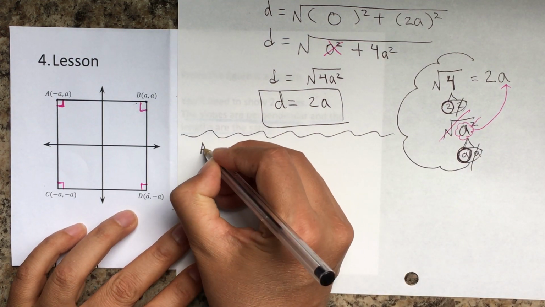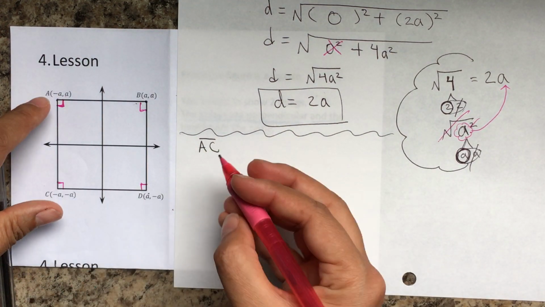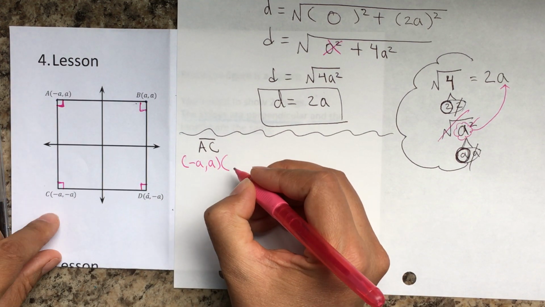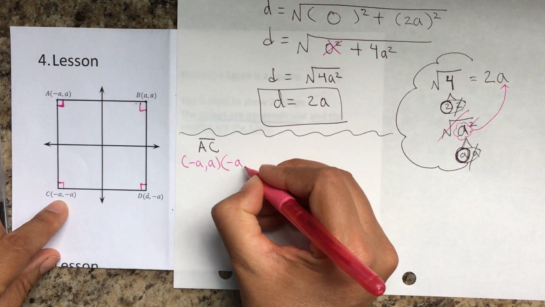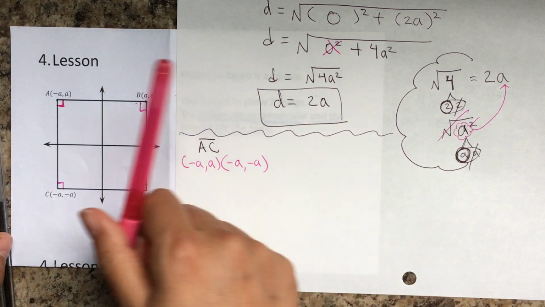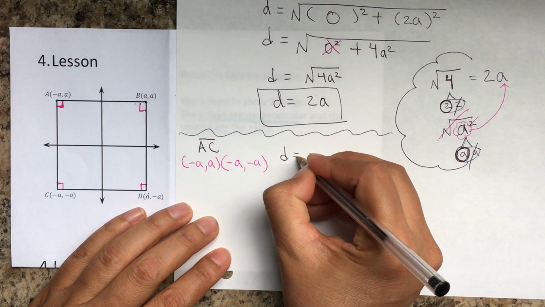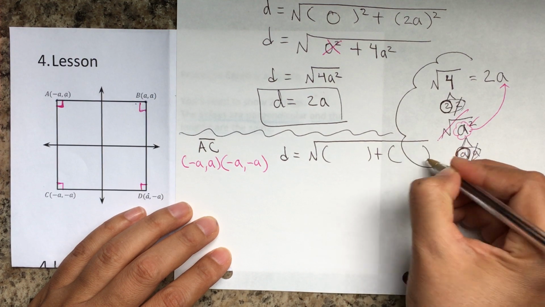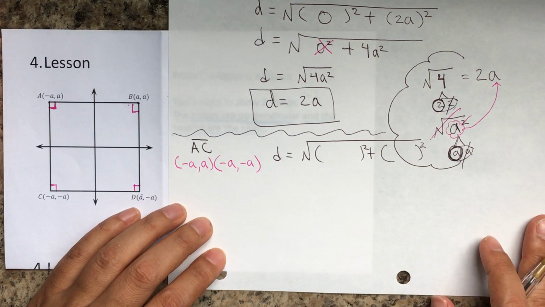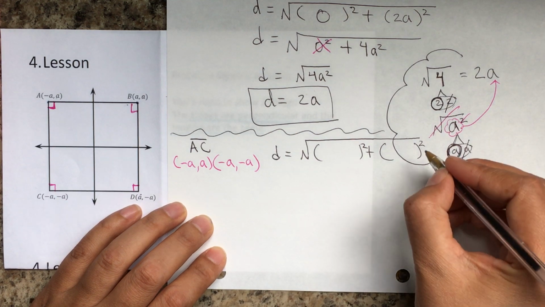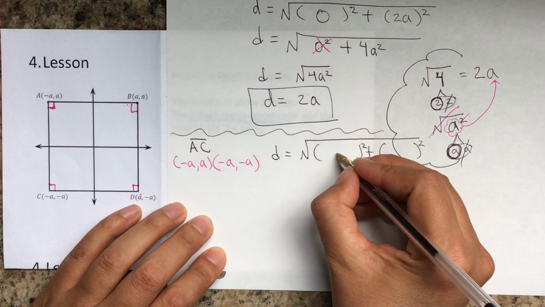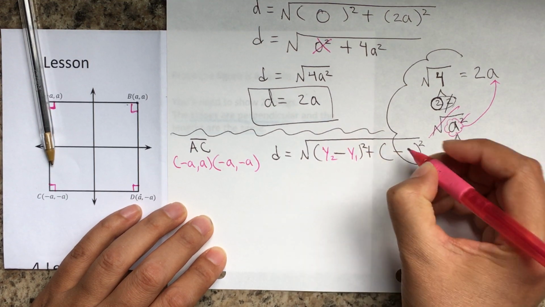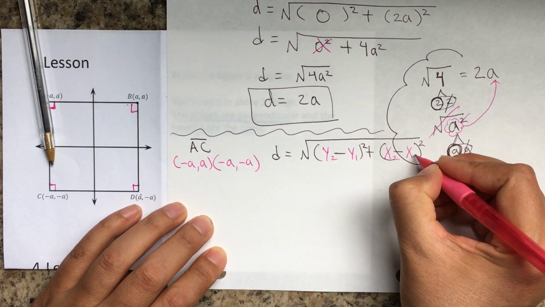Let me put AC. So the point for A is negative A, positive A. And the point for C is negative A, negative A. And the formula is D equals the square root of... sorry that it's overlapping here a little. And you get the minus and the minus. And so y2 minus y1, x2 minus x1.